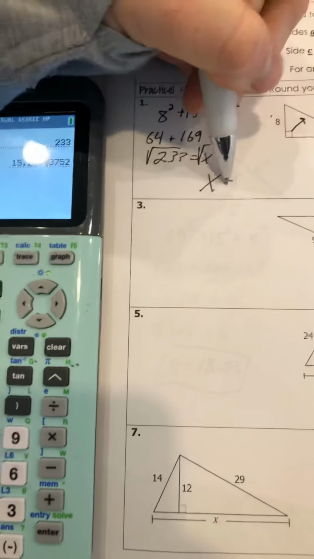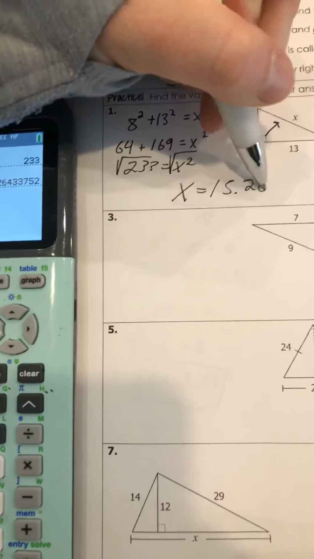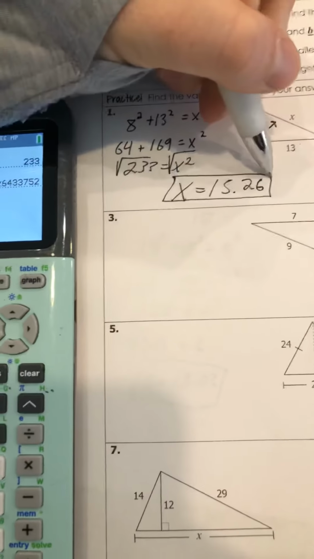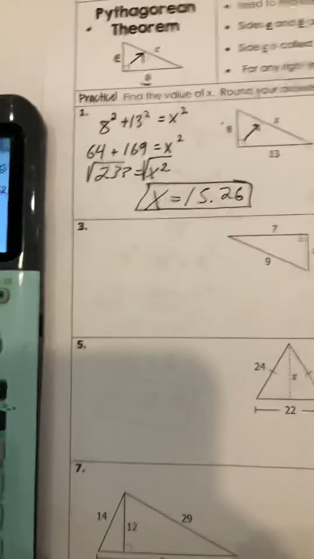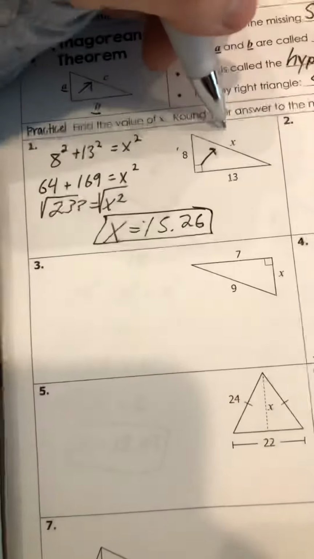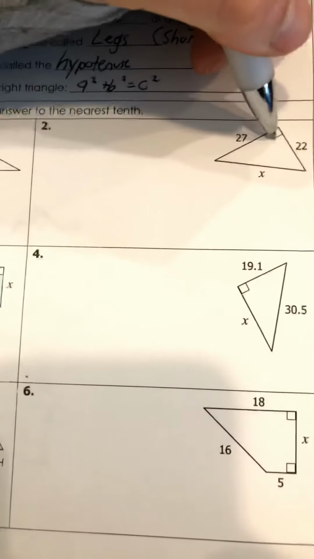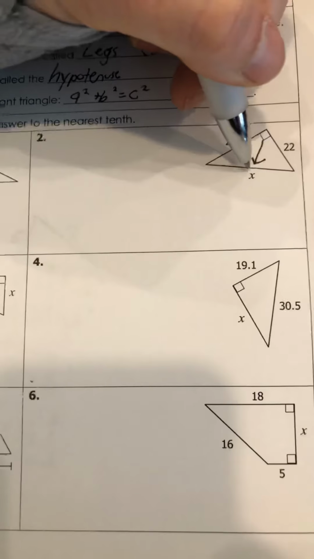And I got x is 15.26, and I'm going to box that in. Okay, let's make sure it's logical. Is this number the longest side? Yep, it's bigger than 13 and it's bigger than 8. So we good.